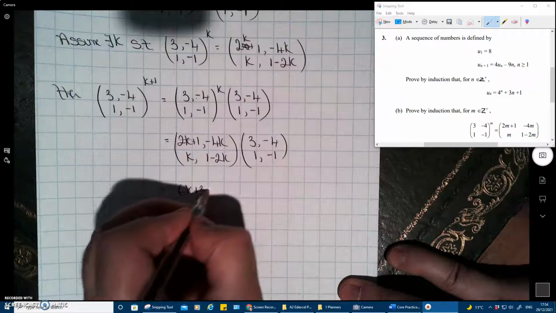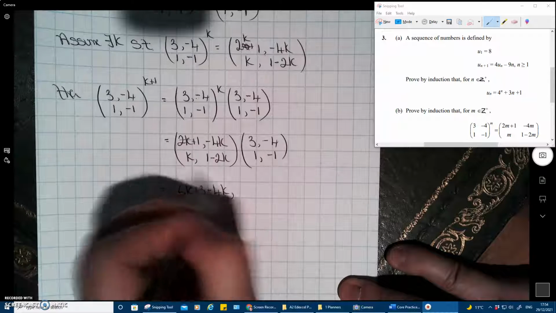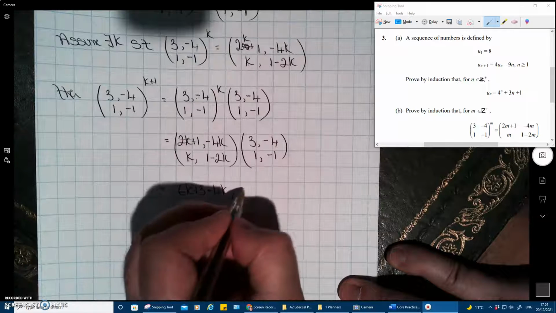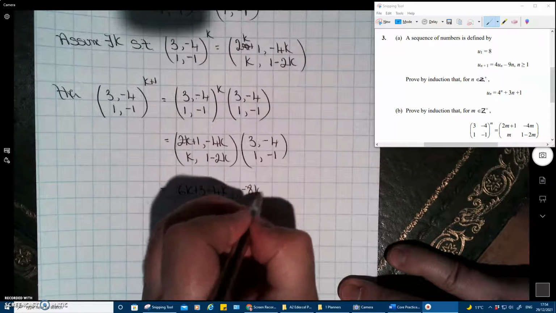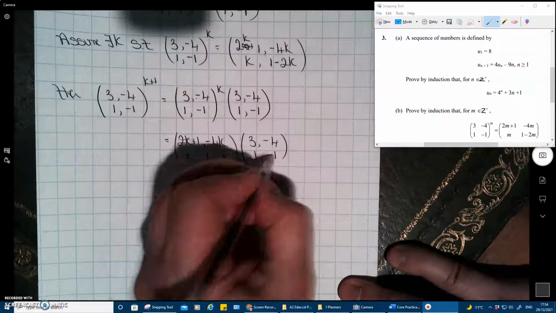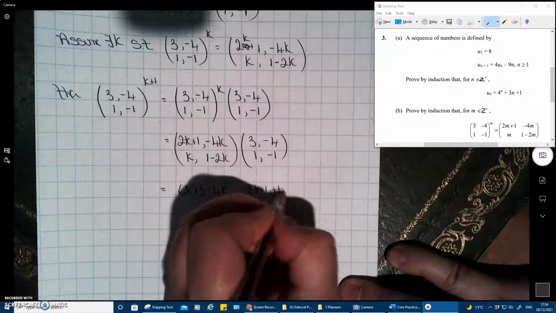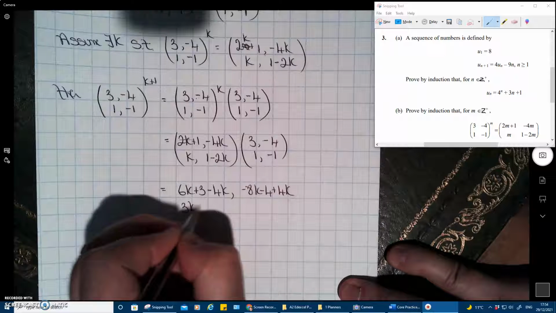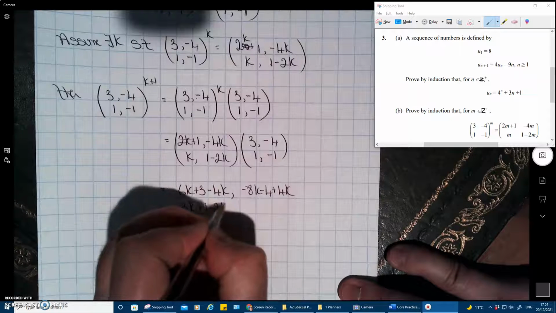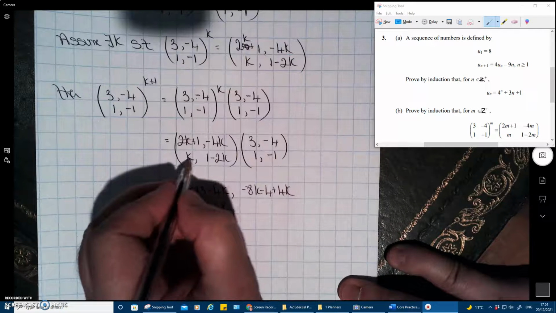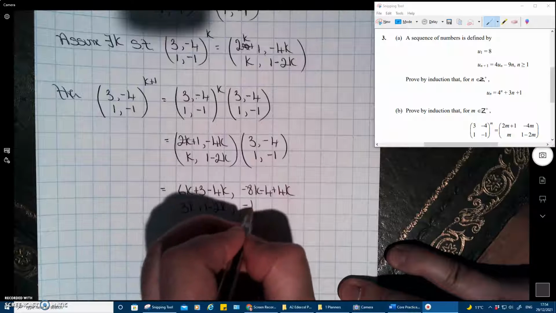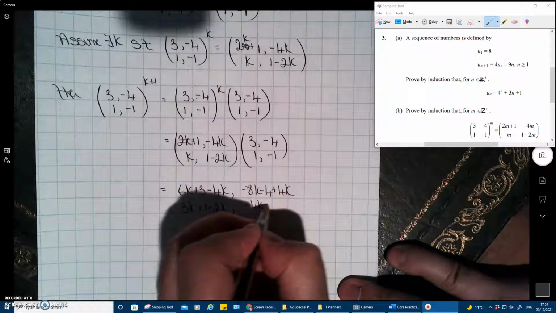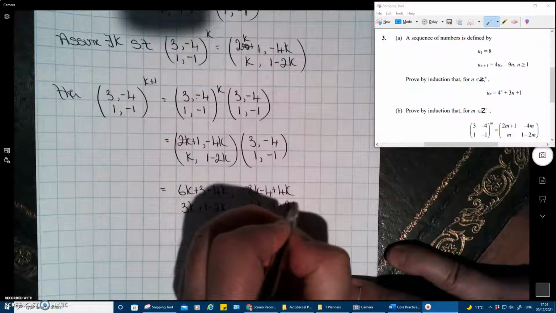That take away 4k is the first term. Cross and down, and we get minus 8k minus 4 plus 4k. And bottom left, we get 3k plus 1 minus 2k. And bottom right, we get minus 4k minus 1 plus 2k.